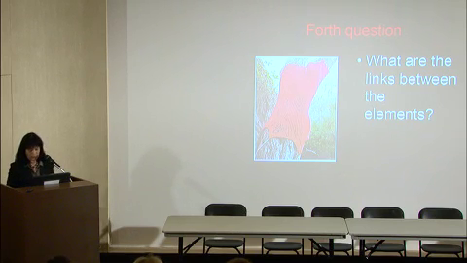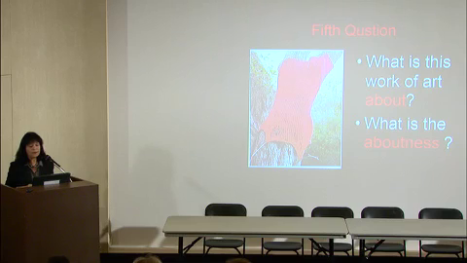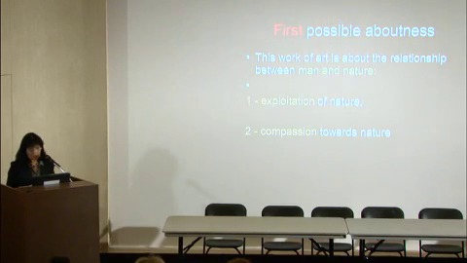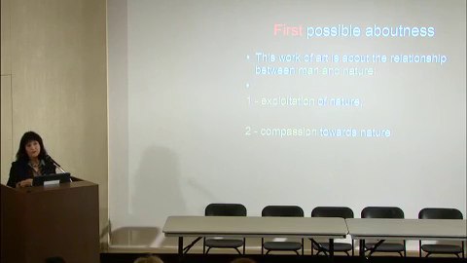So now I go to the fifth question, which is what this work of art is about. What is the aboutness of this work of art? First, possible aboutness. In each aboutness, one of the elements is emphasized. We focus more on one of the elements to understand the aboutnesses.